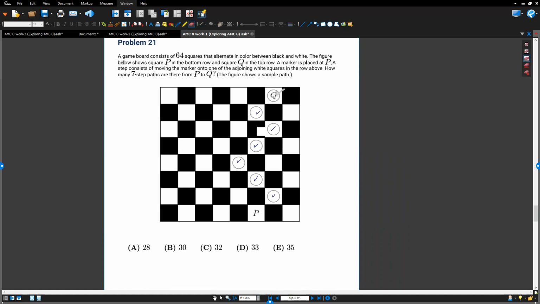Wow. Maybe we can try the last one. 1, 2, 3, 4, 5. Oh, this is just 7. Okay, you can go this way a little more. 1, 2, 3, 4, 5, 6. No way.